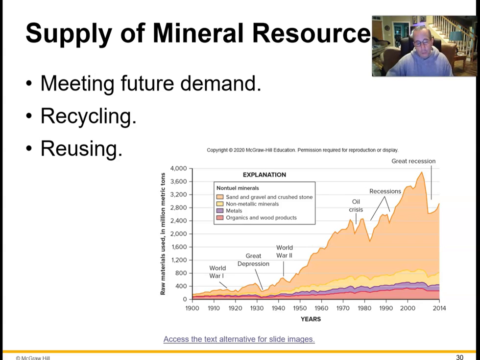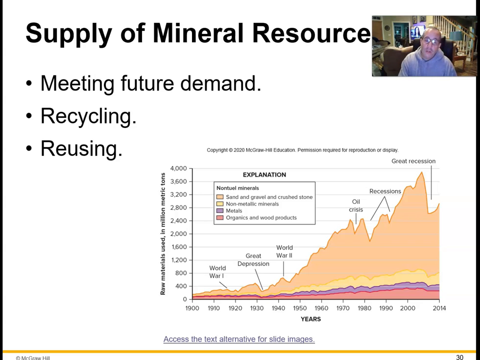Because the population keeps growing, our technology keeps changing. There's so many different factors that scientists can't really keep up and say, okay, we're going to need this much in 30 years. We really don't know. We can make guesses. We can have a hypothesis about stuff, but we really don't know.